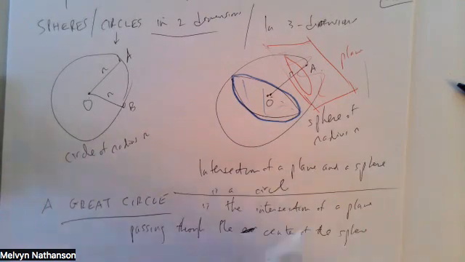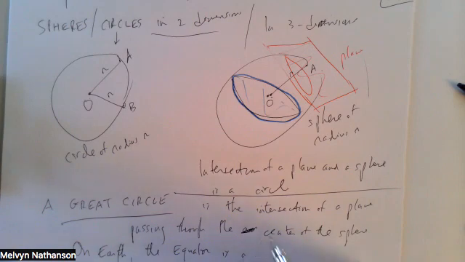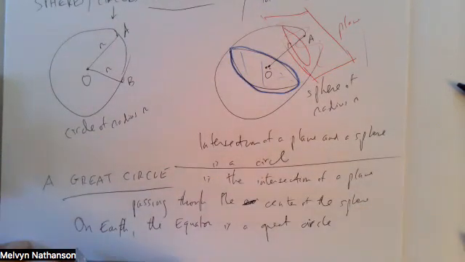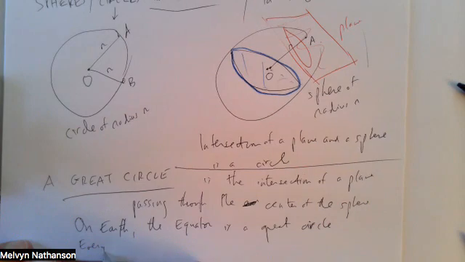And if you think of the Earth, the planet Earth is a sphere, the equator is a great circle. And in fact, every circle of longitude, how do you measure longitude on the sphere? It's a circle that passes through the north and the south poles.